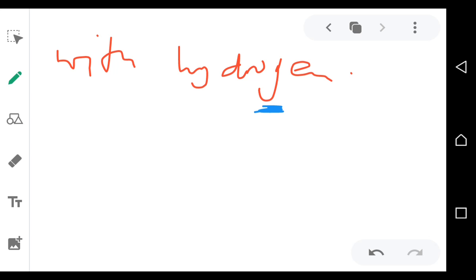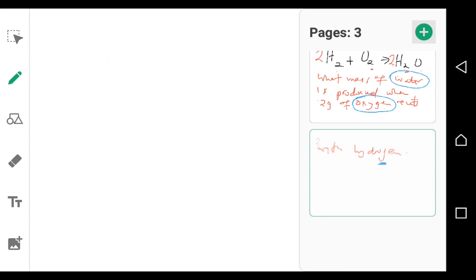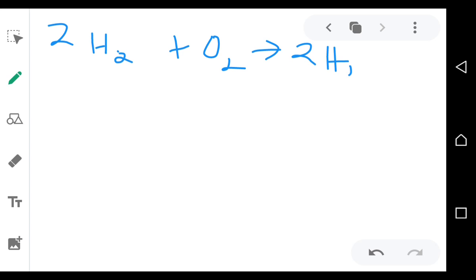So I said 2 grams of oxygen. So you write first the chemical equation, which was 2H2 plus O2 gives 2H2O. So the first thing you do, you find what we are comparing.